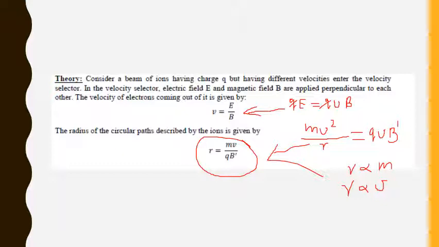Since v is constant, r depends only on m. So you will have different separation.